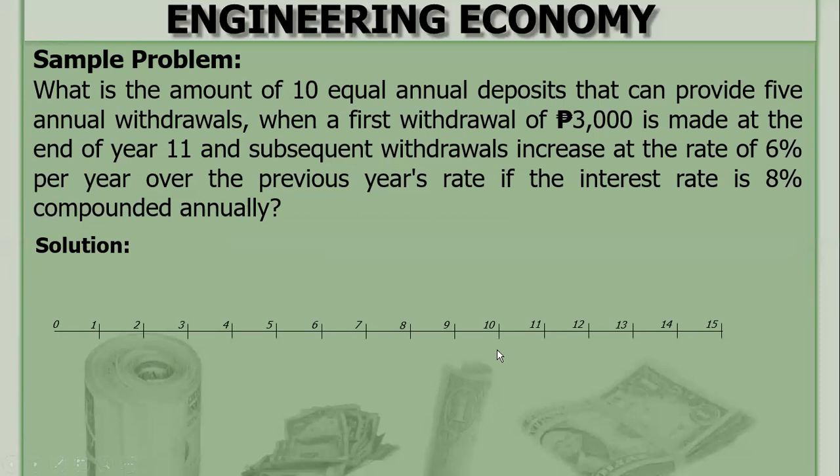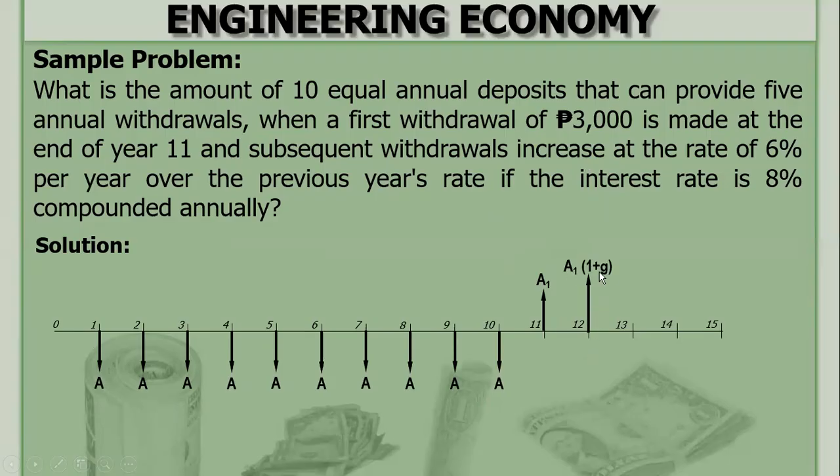From 1 to 10, you deposit A, an equal annual deposit for 10 years. On the 11th year, first withdrawal of 3,000. Our A1 is 3,000, so let's denote it as A sub 1. And then A sub 1 times 1 plus G, or 1 plus 6%, and then 1 plus G squared, cubed, until this one.